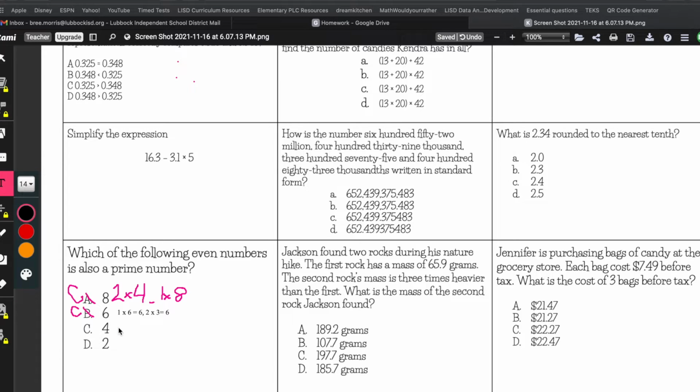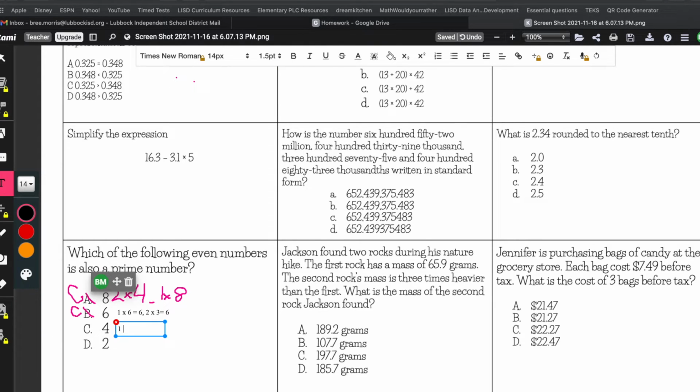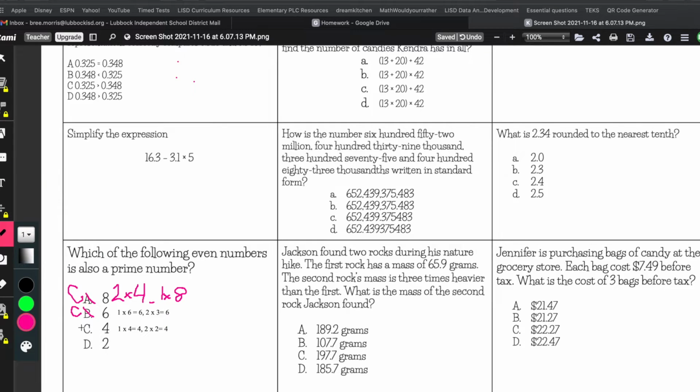Okay, let's look at 4. I know that 1 times 4 equals 4. I know that 2 times 2 equals 4. This has multiple factors, many factors, so it cannot be C. That's composite.